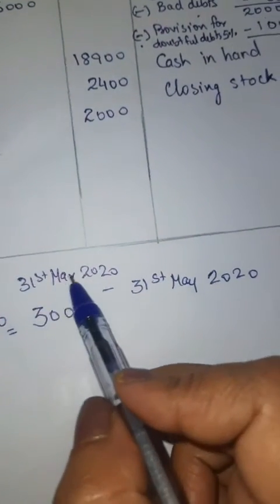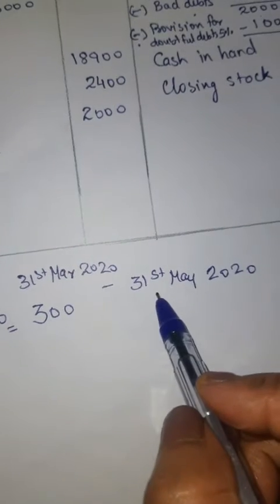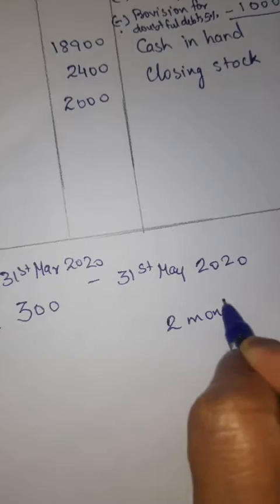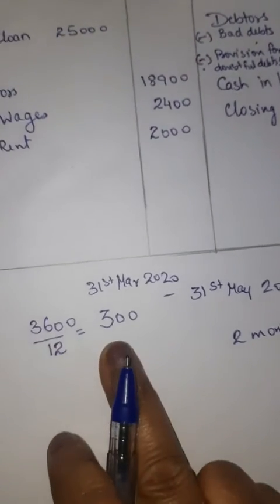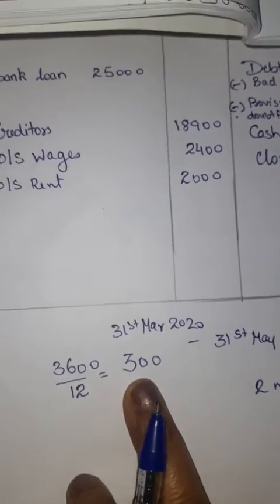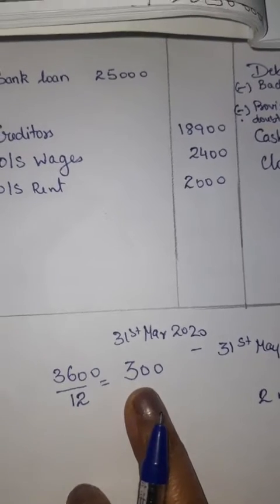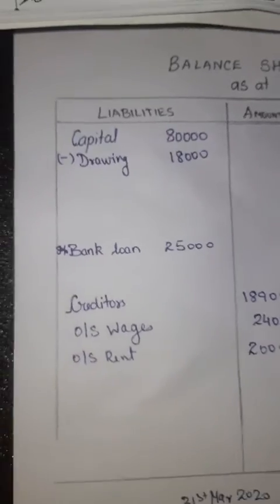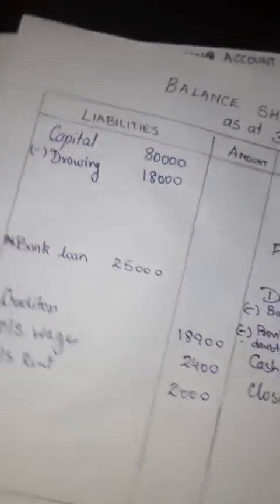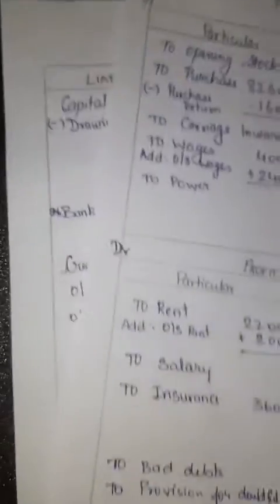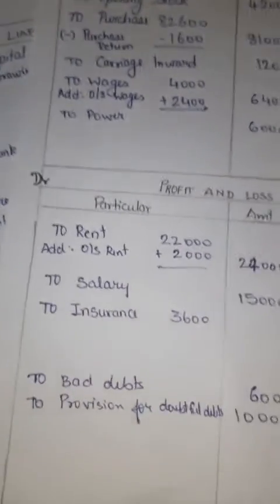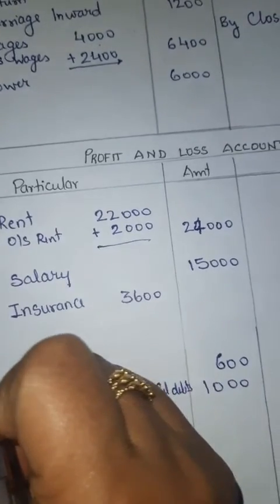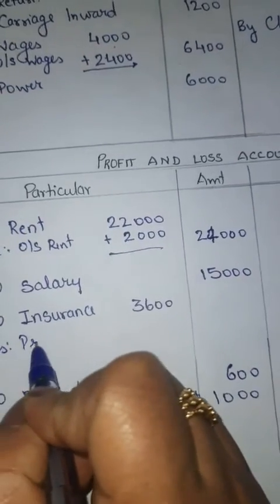So from 31st March 2020 to 31st May 2020 means 2 months extra insurance premium have been paid. So this is a case of prepaid or advance premium paid. You know that in the previous problem, prepaid insurance, you have to subtract. So less prepaid.